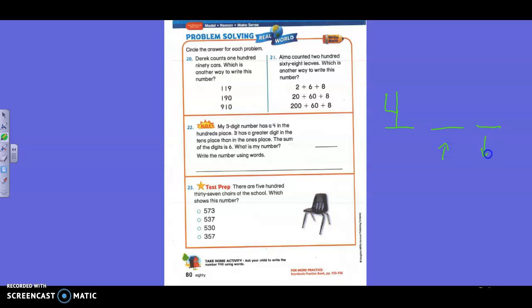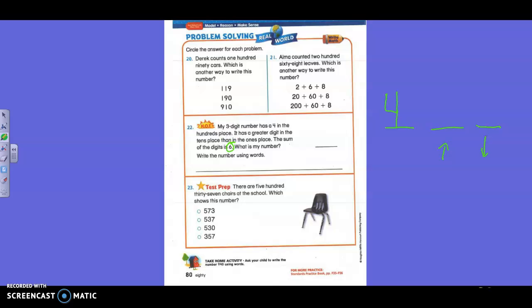So this one will have to be smaller. Okay? Now here's the tricky part. The sum, which means if you add them all together, add these 3 numbers together, the sum, the answer, is 6.